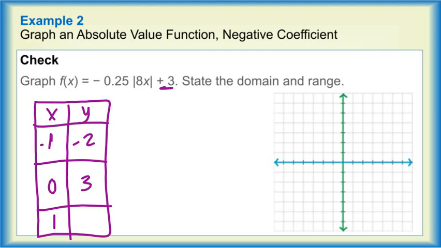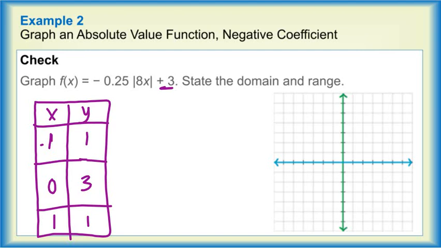And then if I put a 1 in there, 1 times 8 is 8, absolute value of 8 is 8. 8 divided by -4 gives us -2. And then I have to add 3 to the answer, and that gives us 1. Got to add 3 to this one, so this would also be 1.